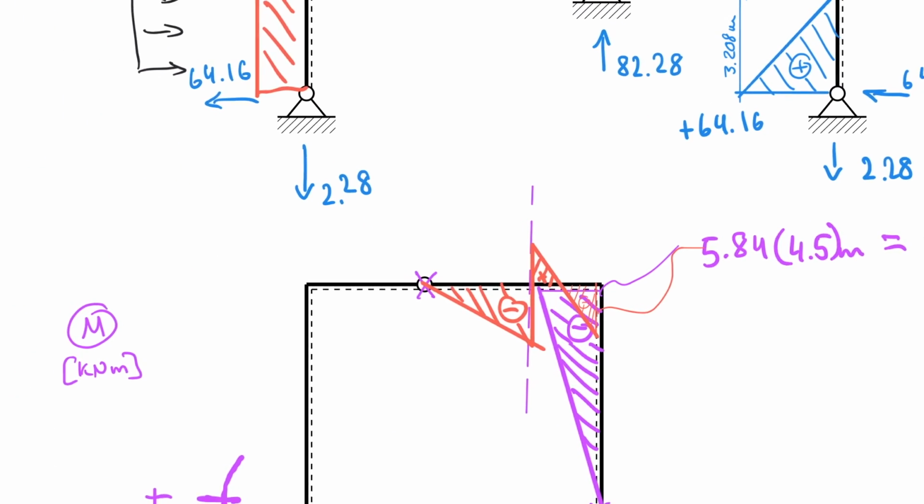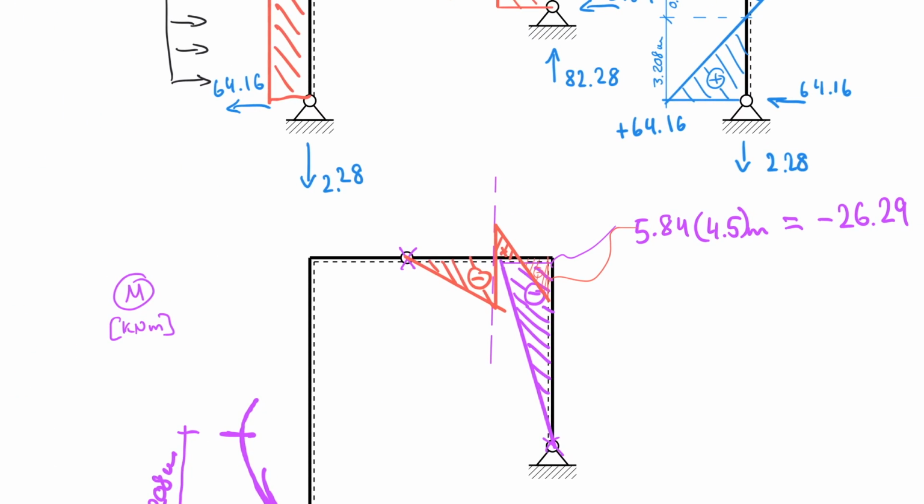All right. I can also calculate now the value at this corner. So I have to calculate the value at this corner here. And of course, my slope cannot change at the hinge.